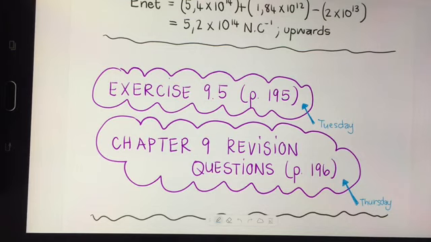So you can work on that on Wednesday, and on Thursday I will post the answers. And then maybe what we'll do this week, on Monday only, next week, I will start with the next section, and you can use Thursday to mark the revision questions, and then Friday you can contact me if you have any questions about this section on electrostatics.